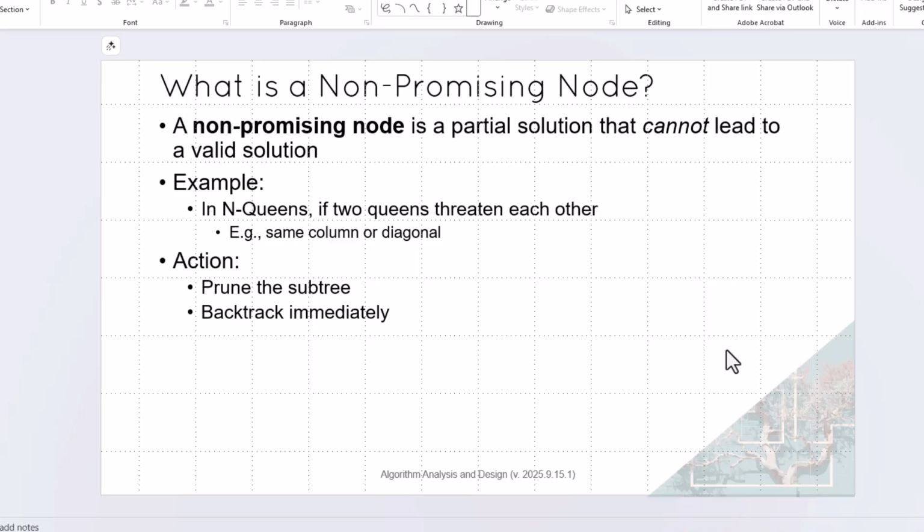A non-promising node is a partial solution that cannot lead to a valid solution. For example, in the n queens problem, if two queens threaten each other, say they're in the same diagonal or same column.